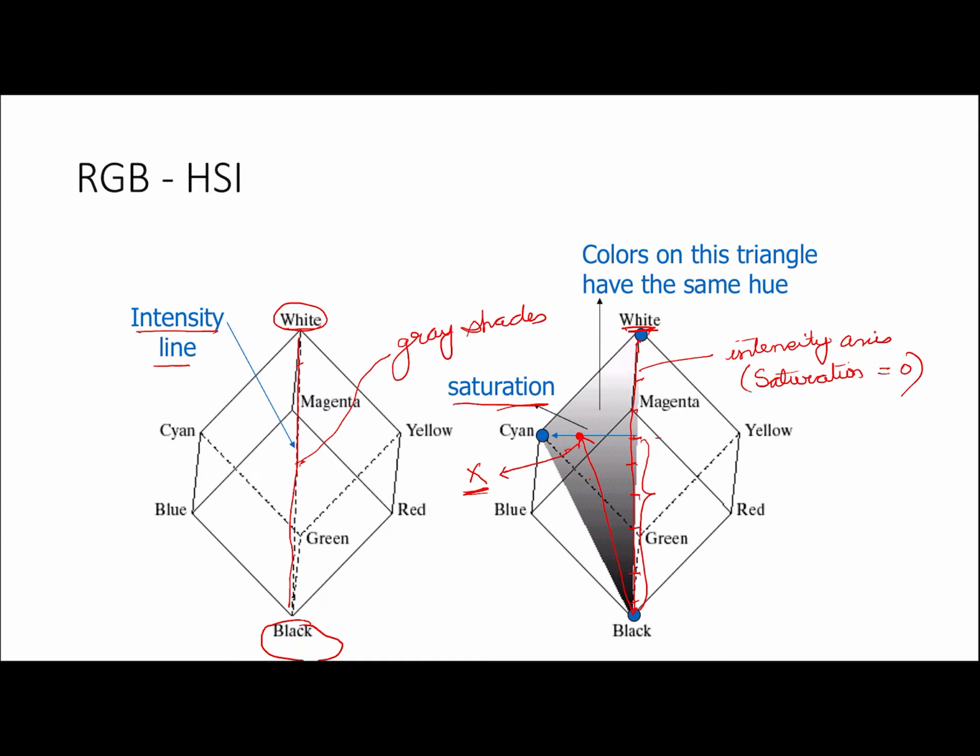The saturation will increase as we move away from this intensity axis. Keeping that in mind, we can say that the distance of this point X from the intensity axis gives us the saturation associated with this point X. So this was your intensity and this is your saturation.